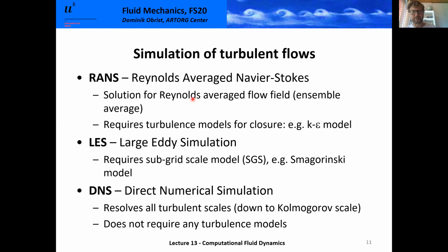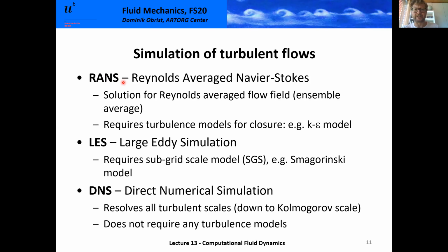What most people are doing when they say they solve turbulent flows is this here, a RANS solution. It's a Reynolds-averaged Navier-Stokes solution. We have written down the Reynolds-averaged Navier-Stokes equations in our lecture on turbulence. What this equation does is solve for the ensemble average of a turbulent flow. We're not solving for the turbulent fluctuations.